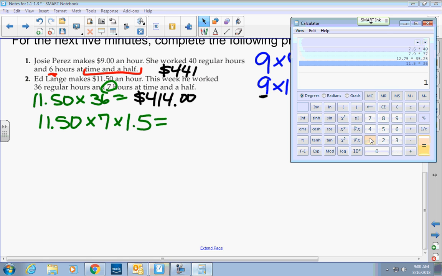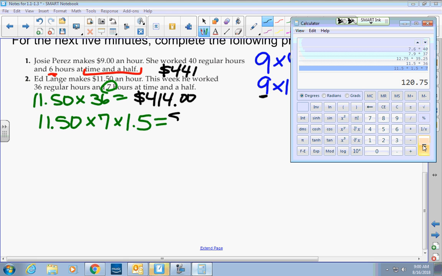Then we have our overtime, which is our 11.50 times our time and a half, 1.5, times our 7 hours. So that's 120 and 75 cents.